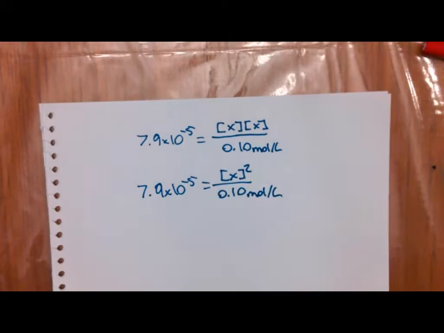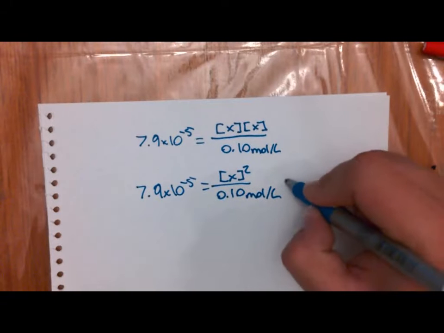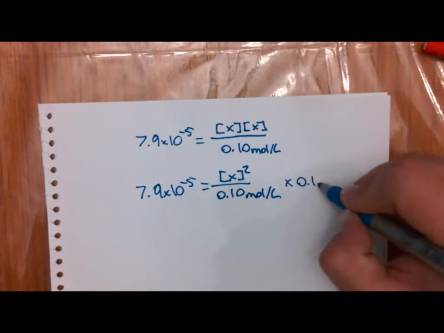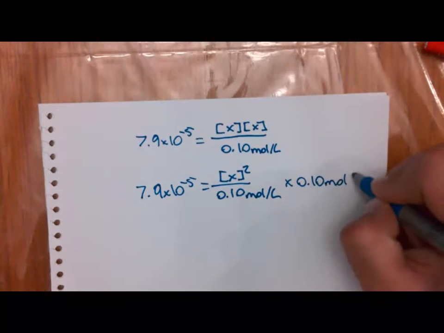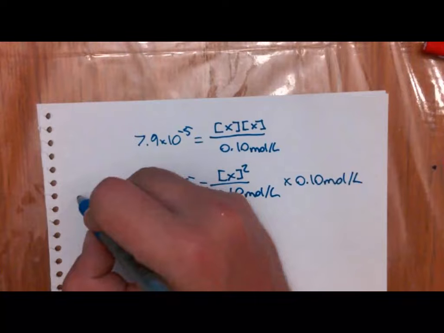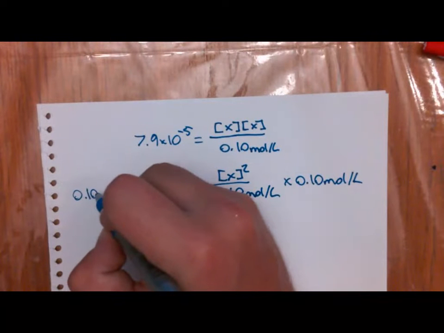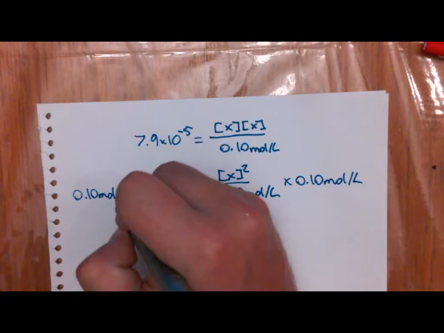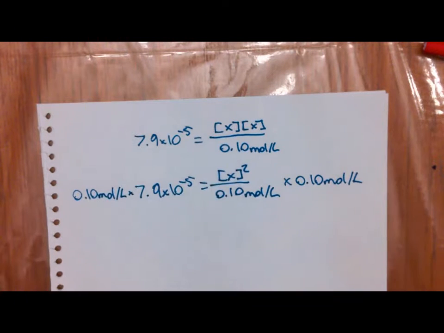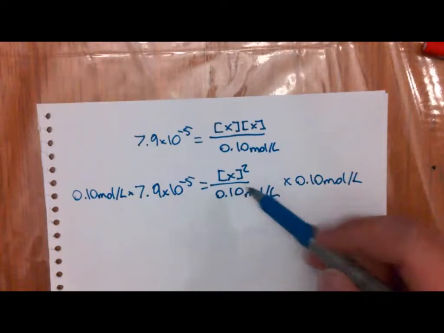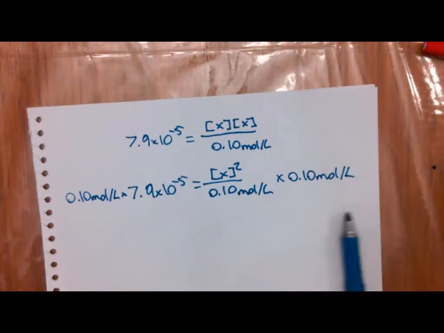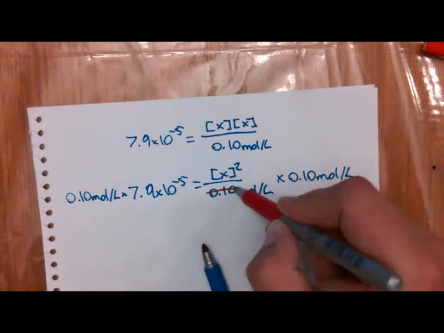All right, so I'm just going to now multiply both sides by 0.10 moles per liter. And we will see that if I'm multiplying by something in the denominator, I can actually just cross those out because they are going to cancel each other out.